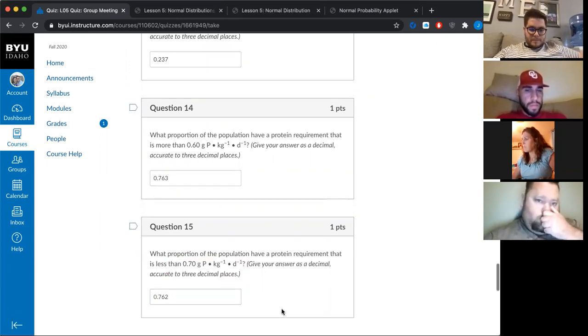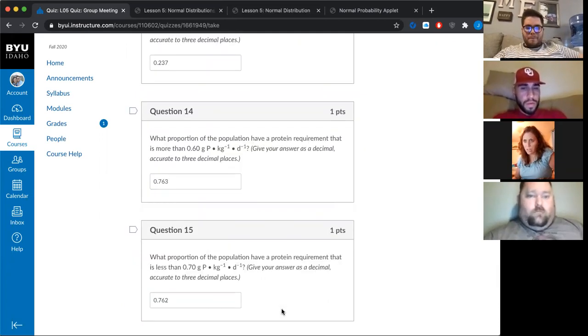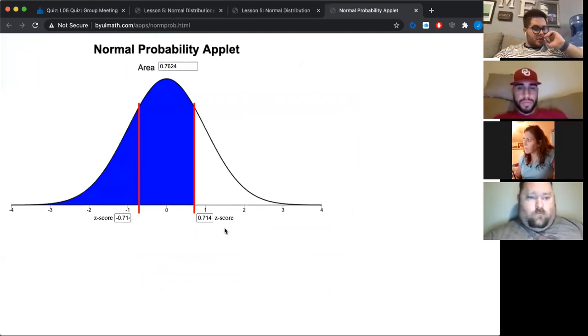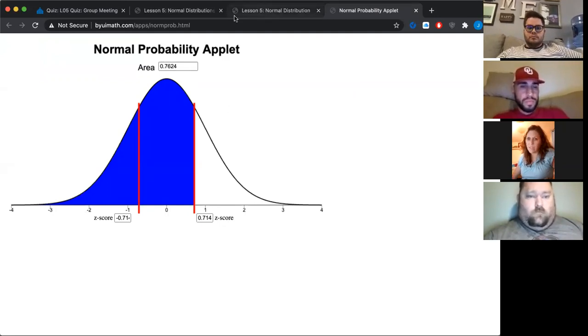Wait, what'd you say? What was your area? 0.762. Because the z-score is 0.714, which is just the same as the other one, but positive. Yeah. So really, just that 1 digit didn't make a difference.